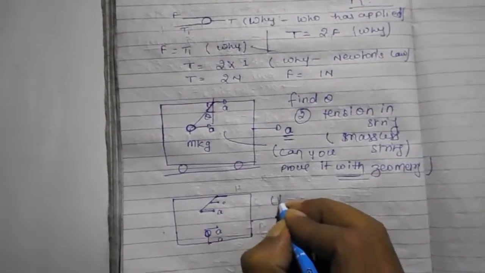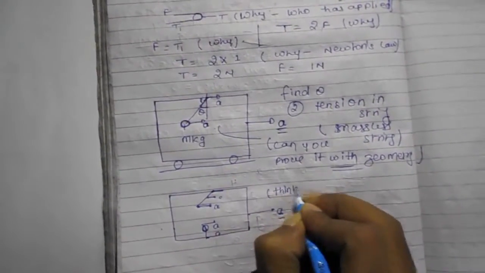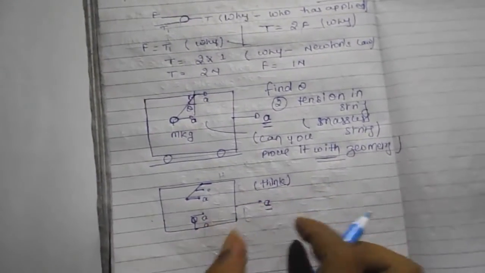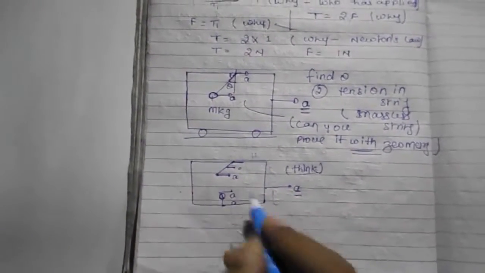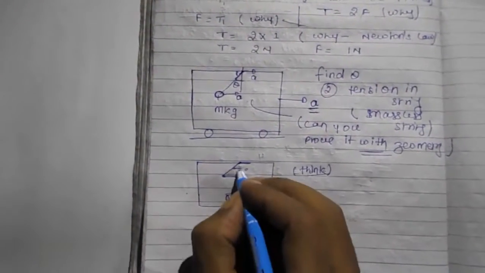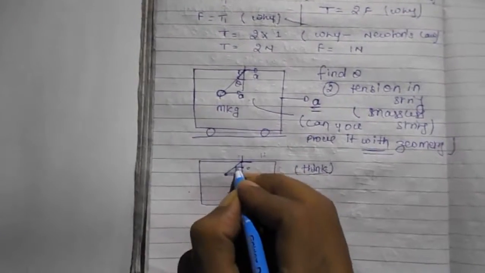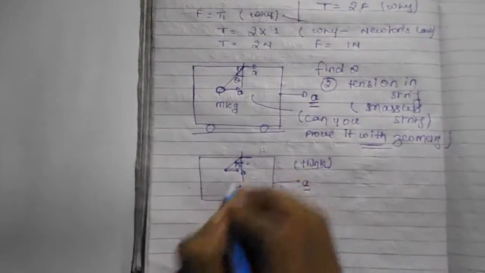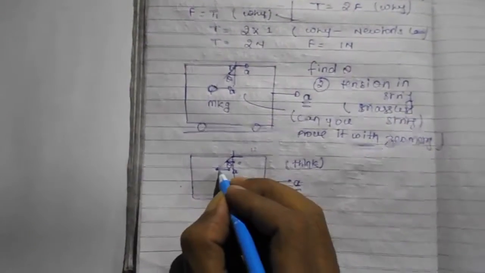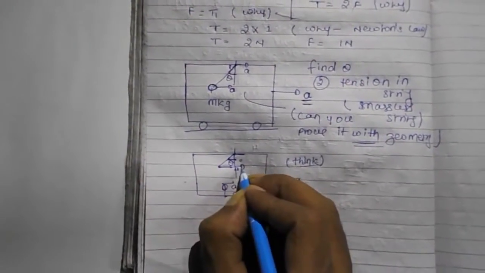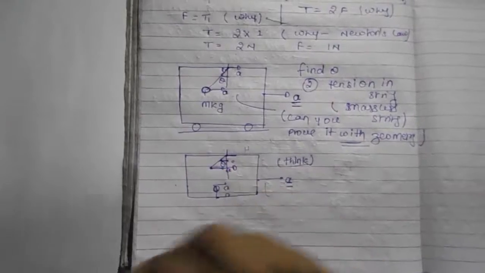Think about it yourself. If I try to explain these things too much, then it becomes rubbish. So you should think about it. This angle is theta, and here the string must be inclined, because if it has acceleration in this direction, then there must be a force in this direction.